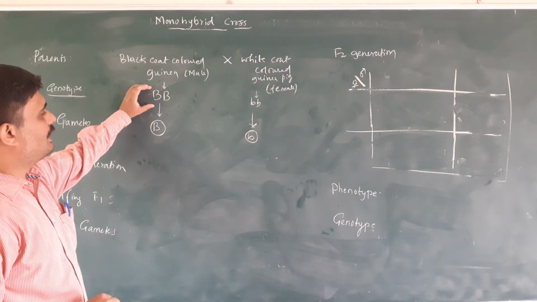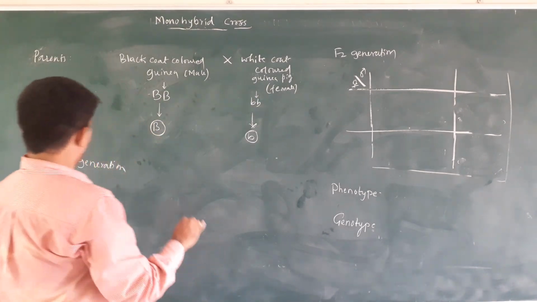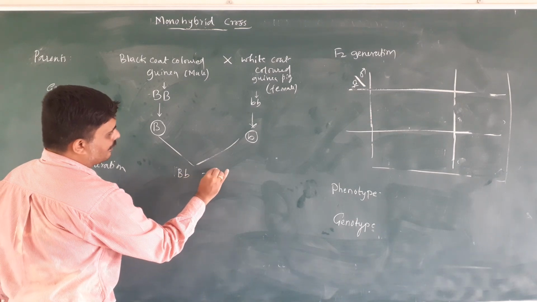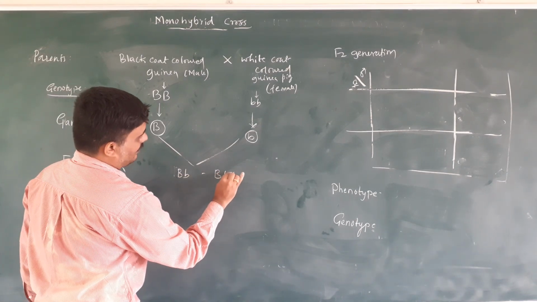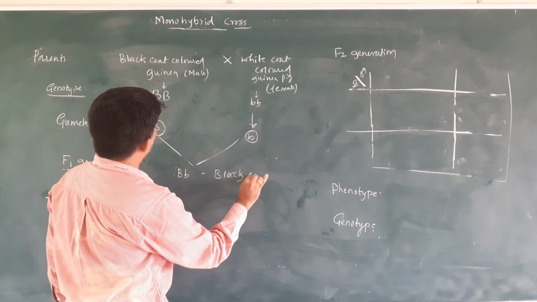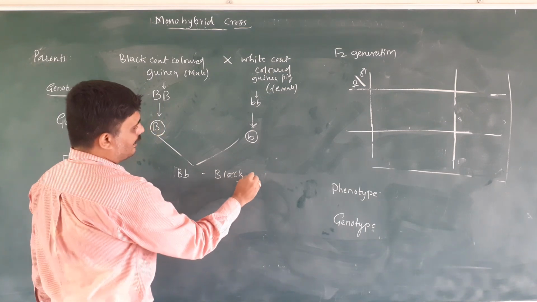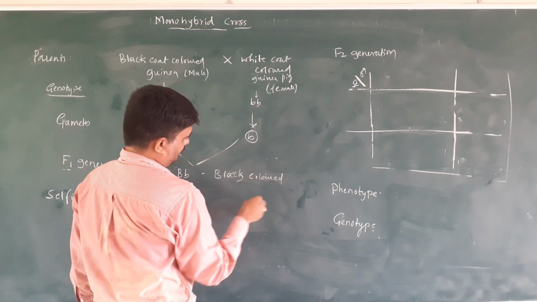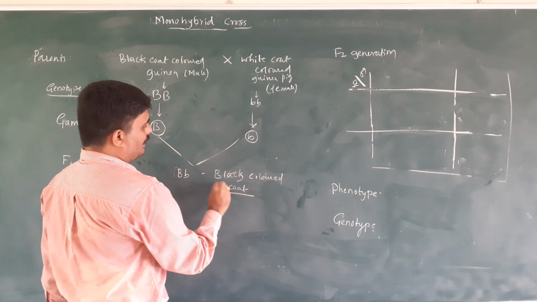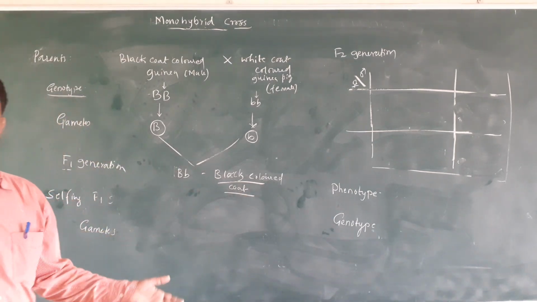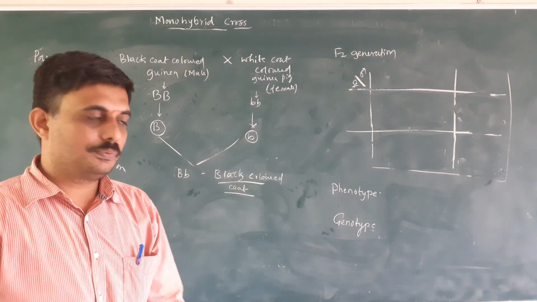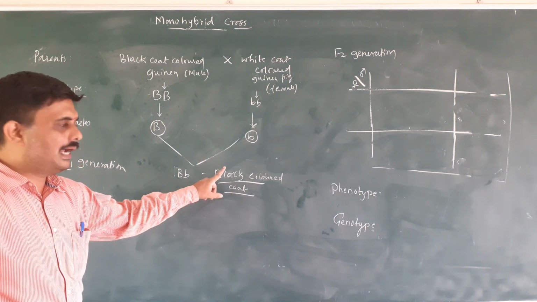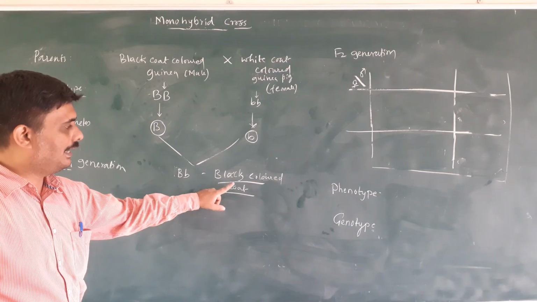So in the F1 generation we get all guinea pigs having a black colored coat. All the offspring produced in the F1 generation have a black colored coat.